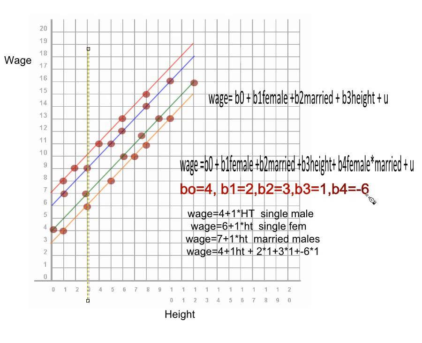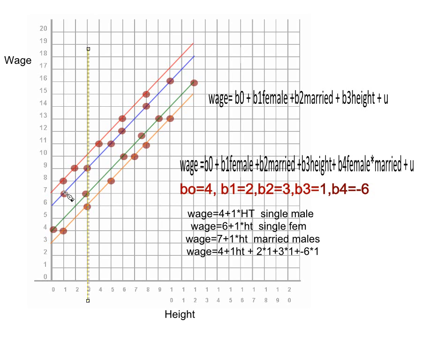So let's look at what this interaction of the female and the married is telling us. That ceteris paribus, a married female compared to a single female, what happens? Well, when we go look at a single female, we're adding 2.